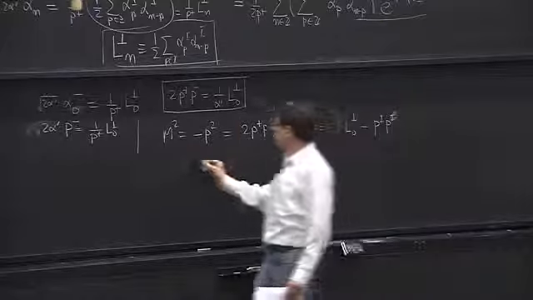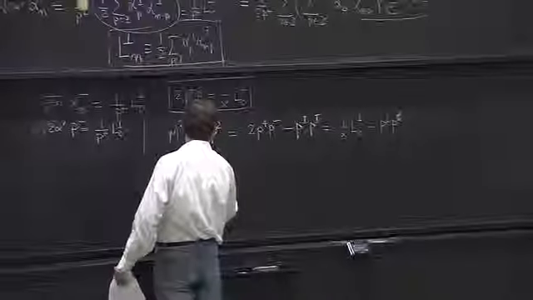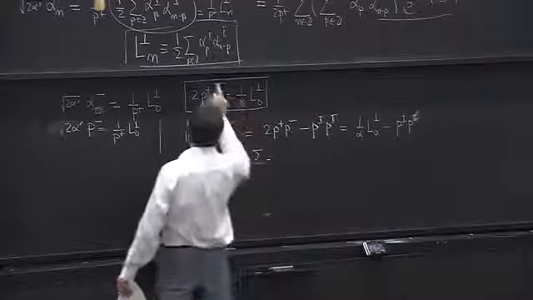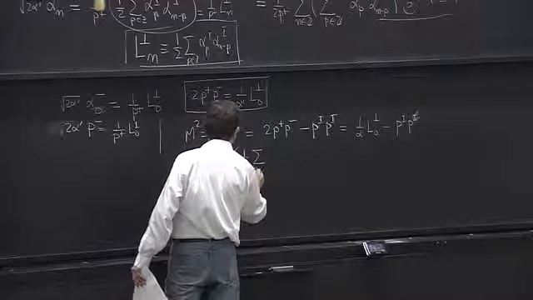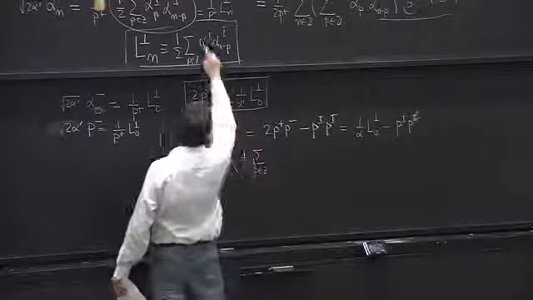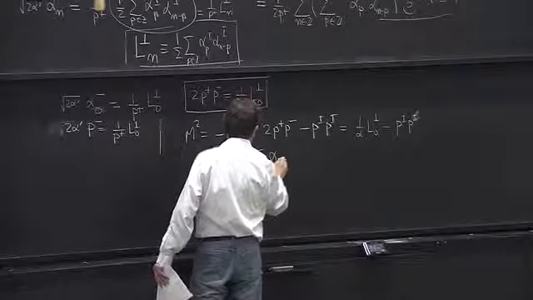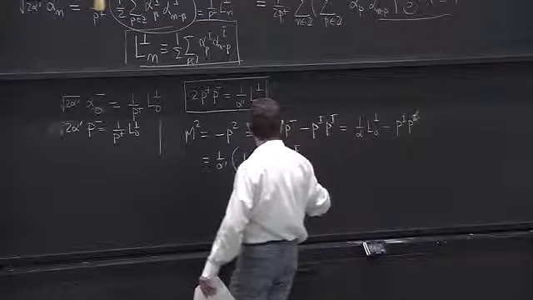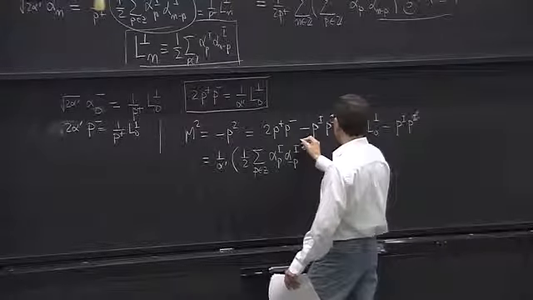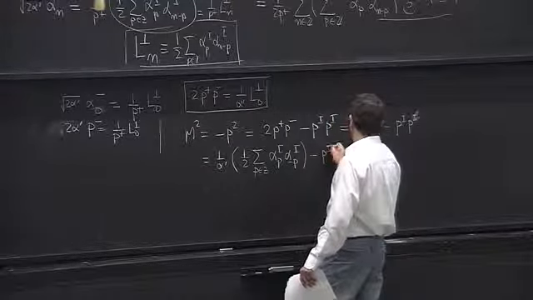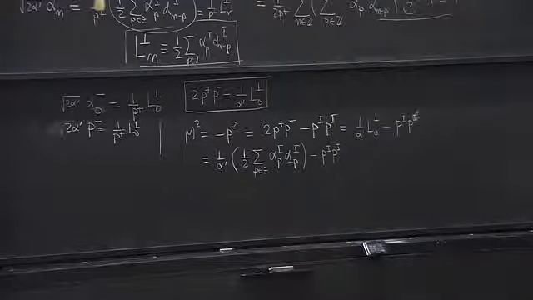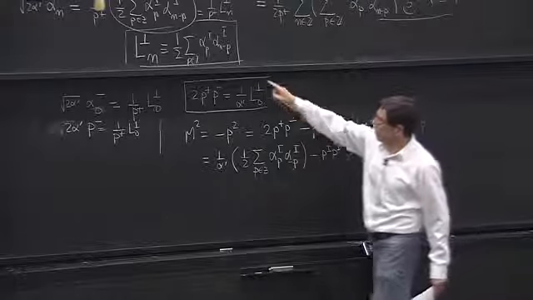Well, I need to look at this L_0^perp in more detail. That's 1 over 2 sum over p of alpha_p^I alpha_{-p}^I. That was for n equals 0.